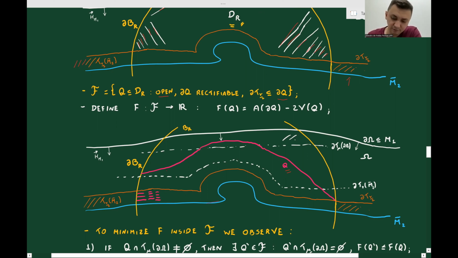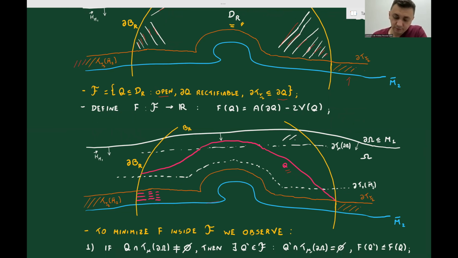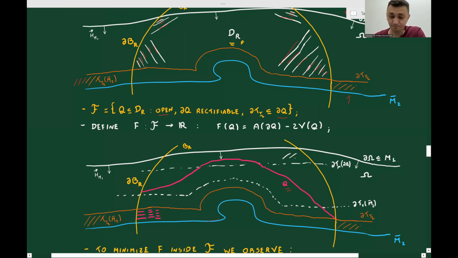So K can be a subset which maybe touches here the boundary of the tubular neighborhood. Now the neighborhood is just R over 2. And we assume some regularity of the boundary.